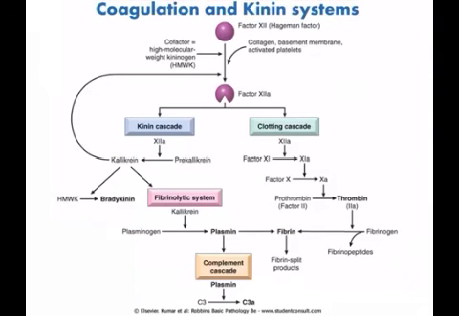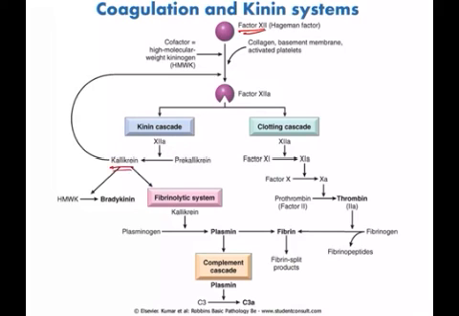And then coagulation factors as well as kinins produced by the liver into the plasma. Basically, Hageman factor, factor number 12, which is produced by the liver into the plasma, gets activated by high molecular weight kininogen, also known as kallikrein.